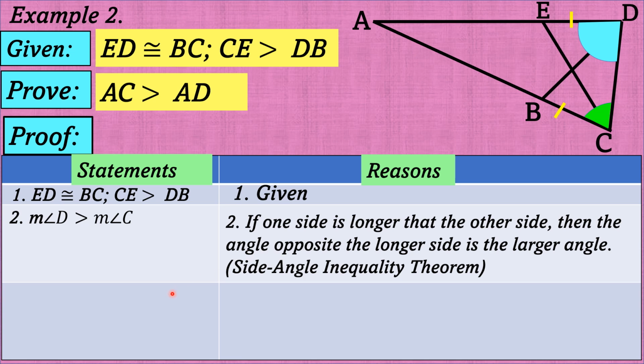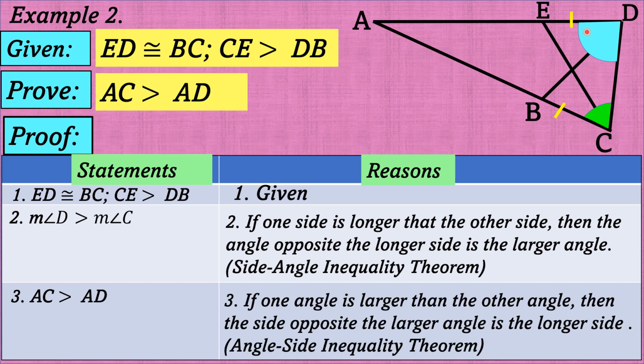Now, since it is stated in the second statement that the measure of angle D is greater than the measure of angle C, we can prove that side AC is really greater than side AD. And that is because of the application of the angle side inequality theorem.